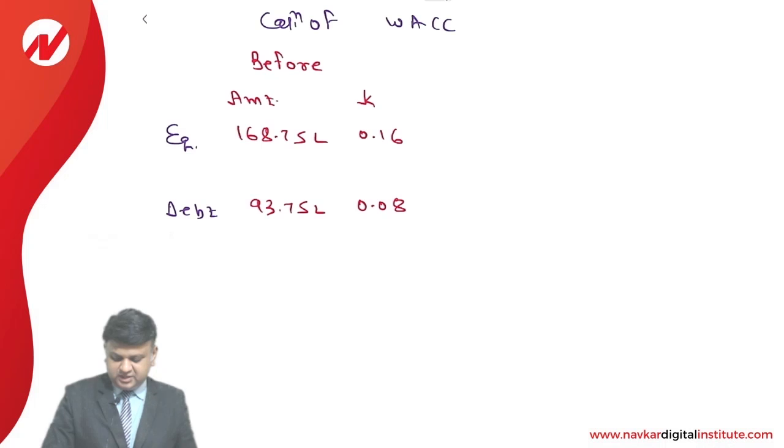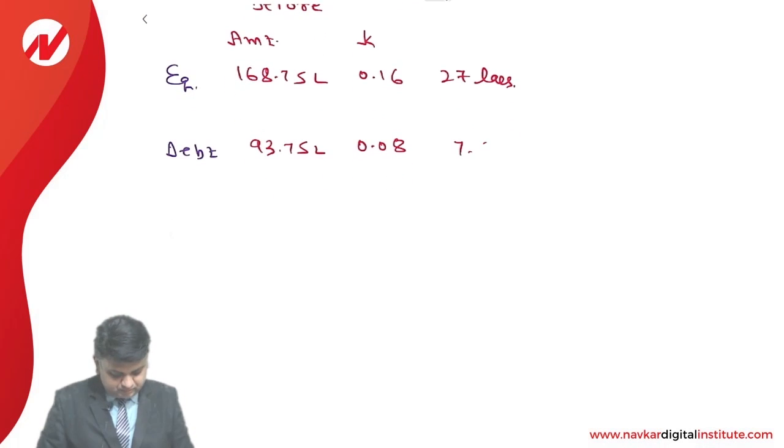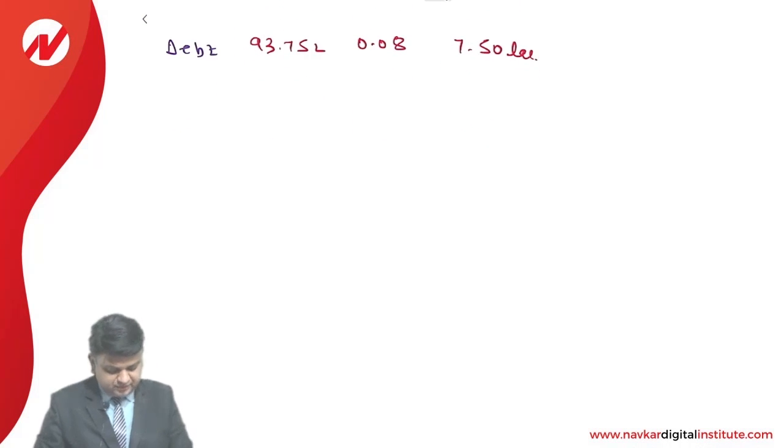So 168.75 lakhs into 0.16, that comes to 27 lakhs. 93.75 into 8%, that is 7,50,000. 7.5 is added to 27, that is 34,50,000.